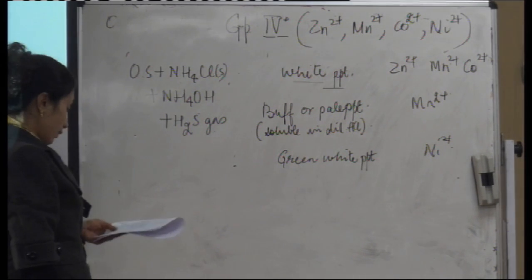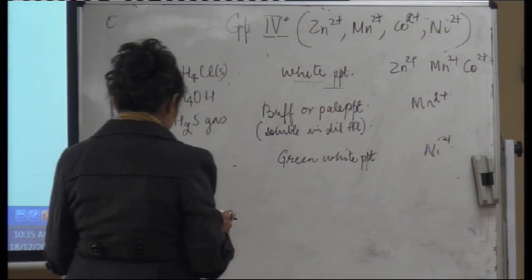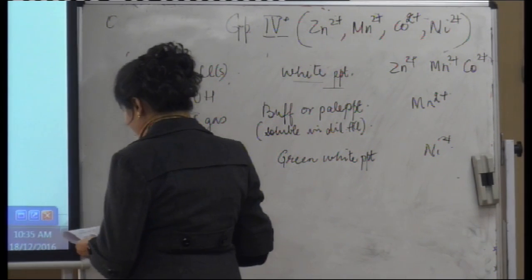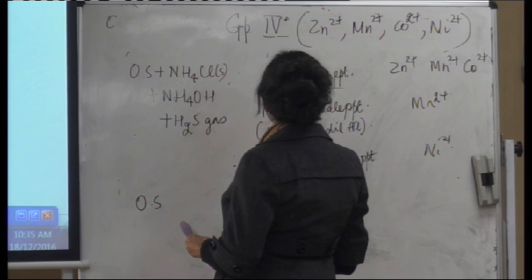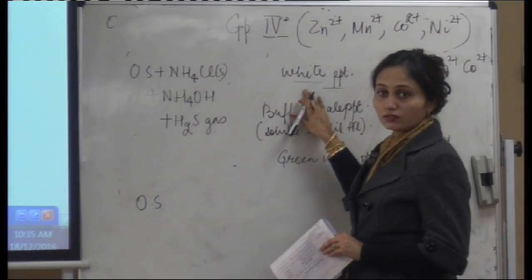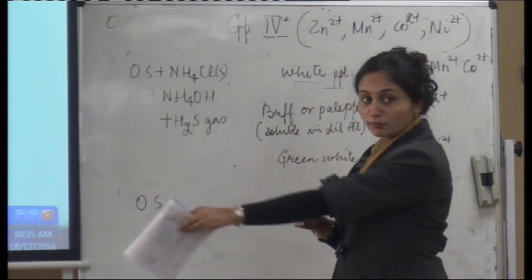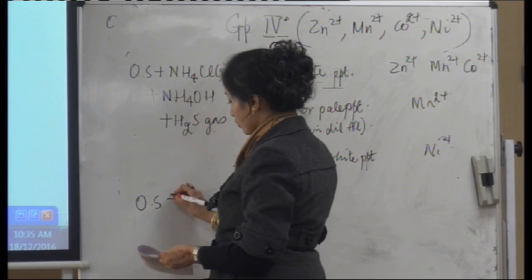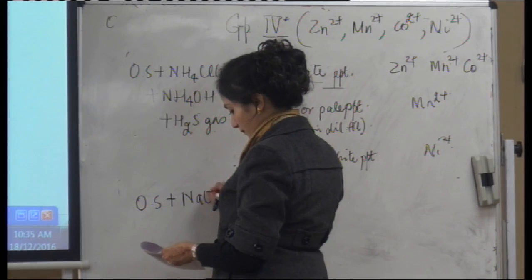Okay. Now for the confirmatories, to the original solution you add, for zinc first of all, let me tell you, for zinc also it is a little dirty white precipitate. When you perform it, you will learn even more, because what comes with experience doesn't come from bookish language. To the original solution, you add just NaOH.